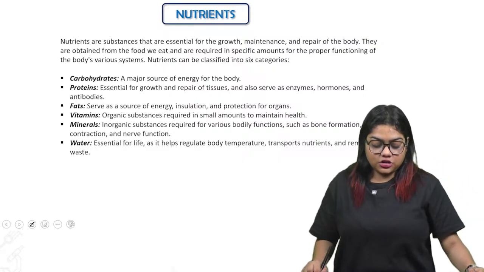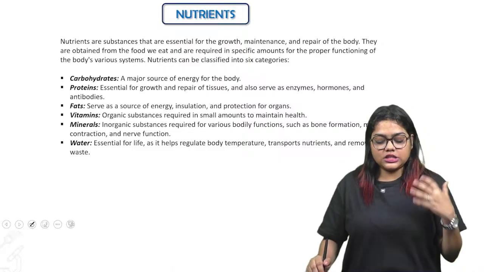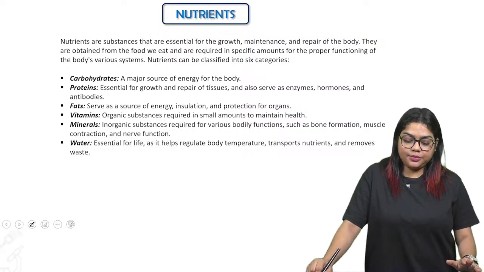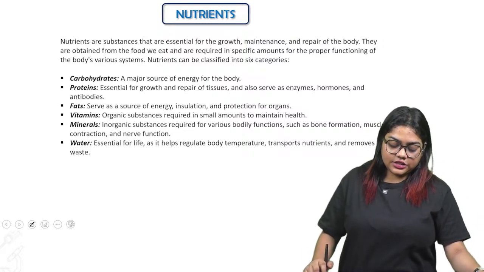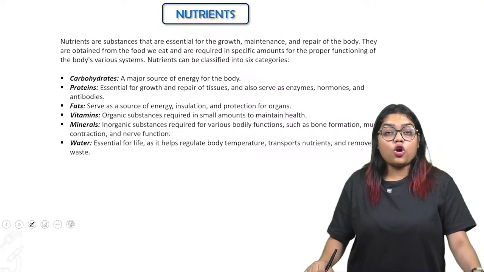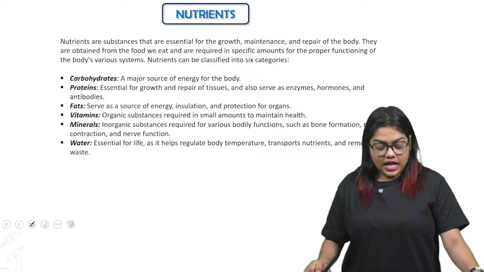Carbohydrate plays a major role in energy. Protein is essential for growth because it repairs tissue and also serves as enzymes, hormones and antibodies. Fats serve as a source of energy, insulation and protection of the organs. Coming to vitamins, these are organic substances required in small amounts to maintain health.